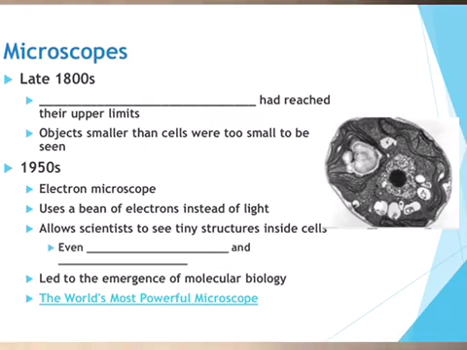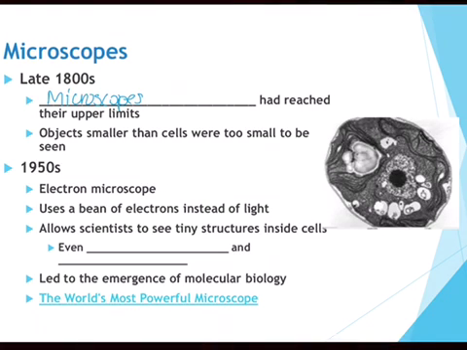So, in the late 1800s, microscopes had pretty much reached their upper limits. They were as good as they were going to get. And so, objects smaller than cells were too small to be seen with a regular microscope. So, in the 1950s was when the electron microscope finally got invented.